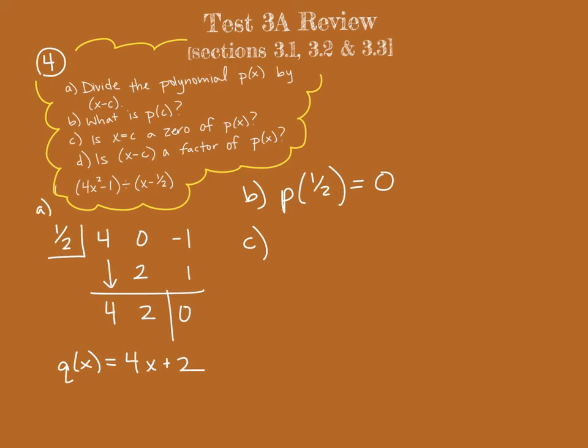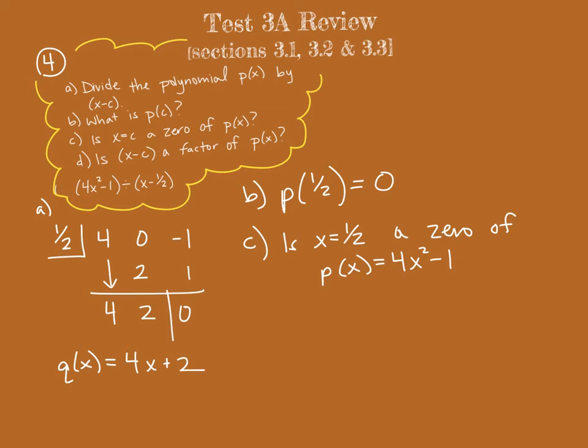All right, and when we have a 0 like that, is x equals 1/2 a 0 of our polynomial, which is 4x squared minus 1? Well, yes, it is. Because p of 1/2 is 0, when we divided by its corresponding factor, we got a remainder of 0.